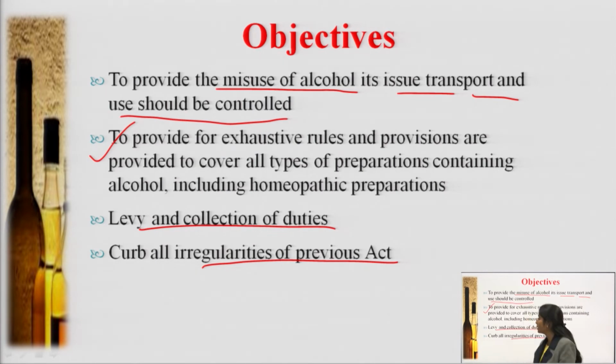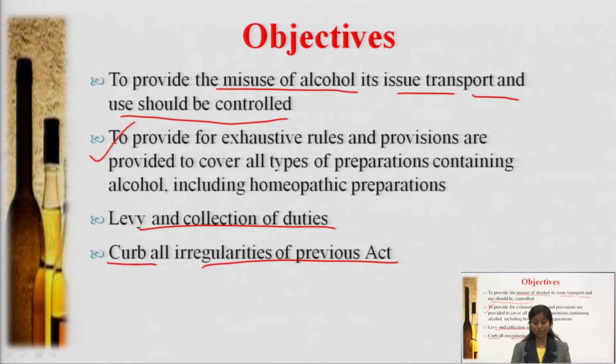The word curb means to finish all these irregularities of the previous act. The act was enforced or implemented in 1957. So, the two main points that you should know: the act was brought forward in 1955, but it was implemented in 1957 on 15th April.